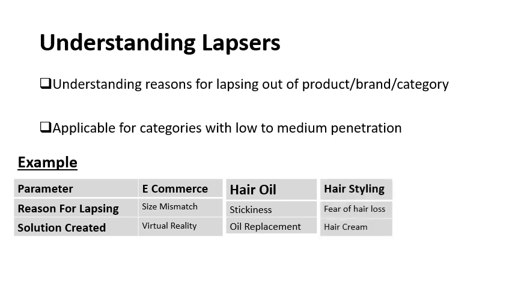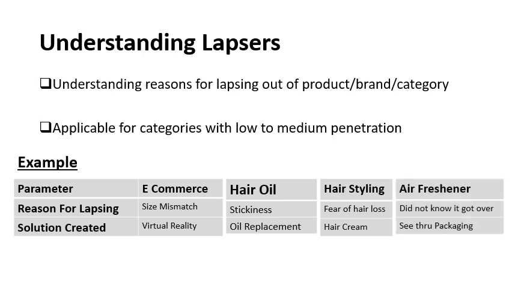Similarly, in case of hair styling, absolute teens use a lot of wax and a lot of gels, but as you start growing in age, many youngsters really fall out of the category, simply because they suddenly become more conscious about hair and they have a fear of hair loss. So that's how came the category of hair cream, which satisfied that particular problem and became relevant. And similarly, there are many examples, but we will go quickly because we have to cover a lot.